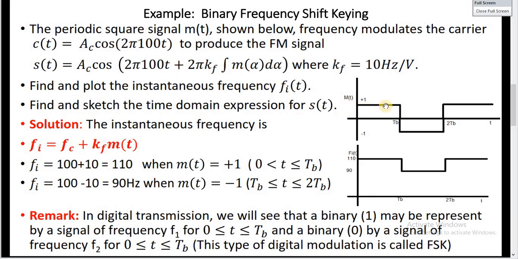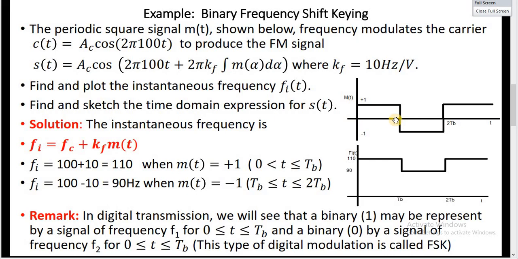The message m of t is a periodic square function which assumes the values +1 and -1. TB, usually this is the bit interval, the time allocated for transmitting either digit 1 or digit 0 in a binary digital communication system.